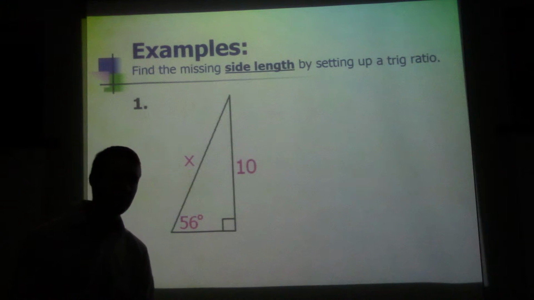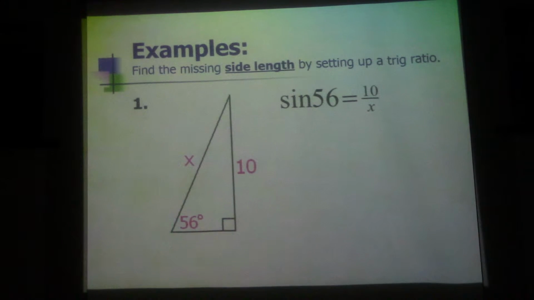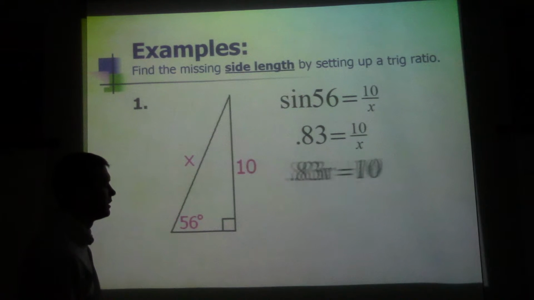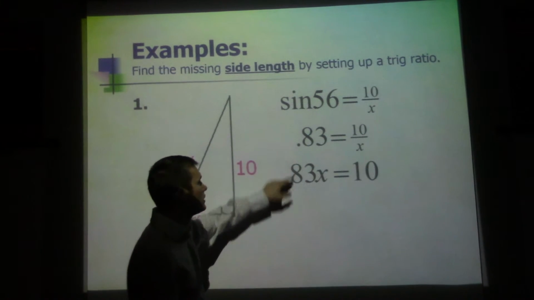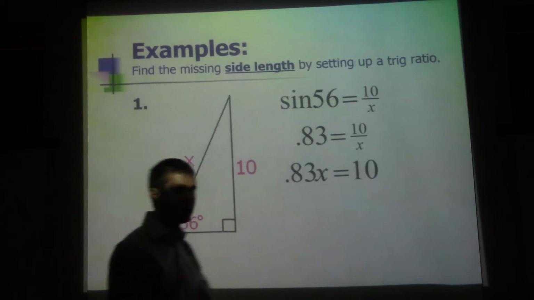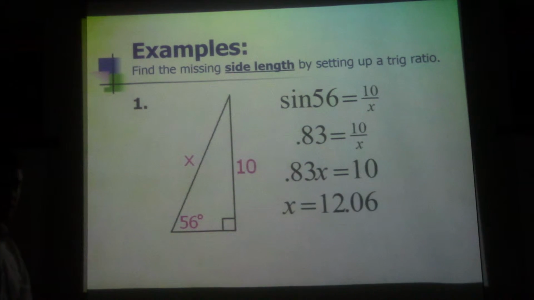So sine of 56 equals 10 over x. To get x out of the denominator, we multiply each side by x. Sine of 56 is about 0.83, and then we divide, so we get about 12.06.